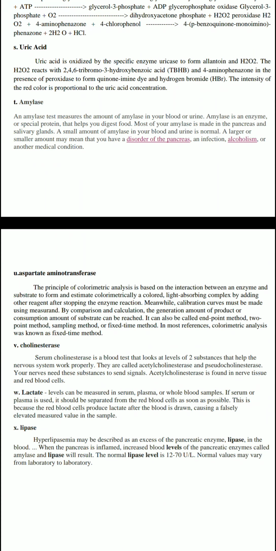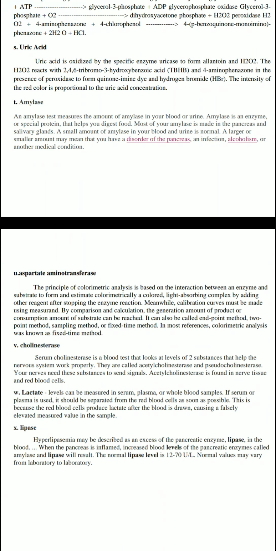Meanwhile, the calibration curves must be handled using measurement by comparison and calculation. The generation amount of product or consumption amount of substrates can be reached. It can also be called the endpoint method, 2-point method, sampling method, or fixed time method. In most references, colorimetric analysis is also known as the fixed time method.